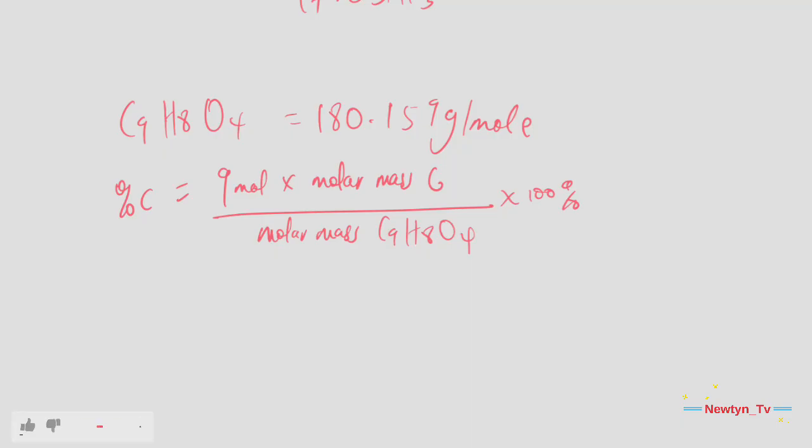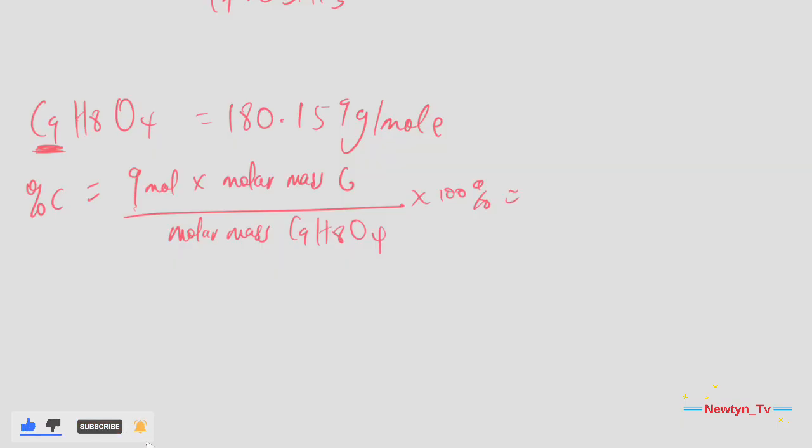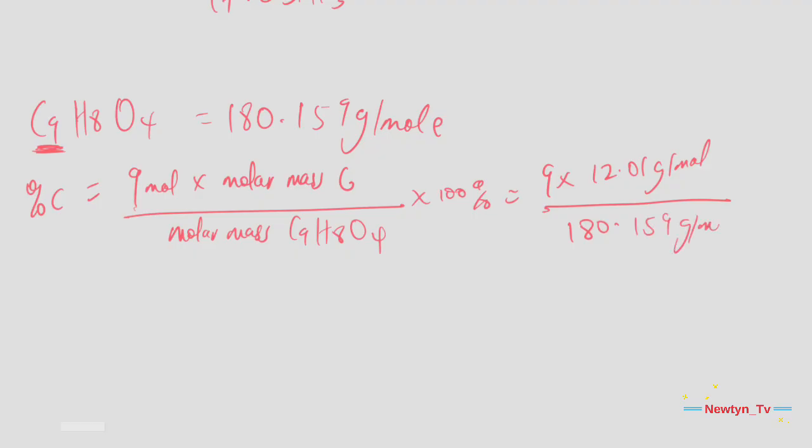So we have 9 times the molar mass of C, 12.01 grams per mole, divided by the total molar mass of the compound, 180.159 grams per mole, times 100.